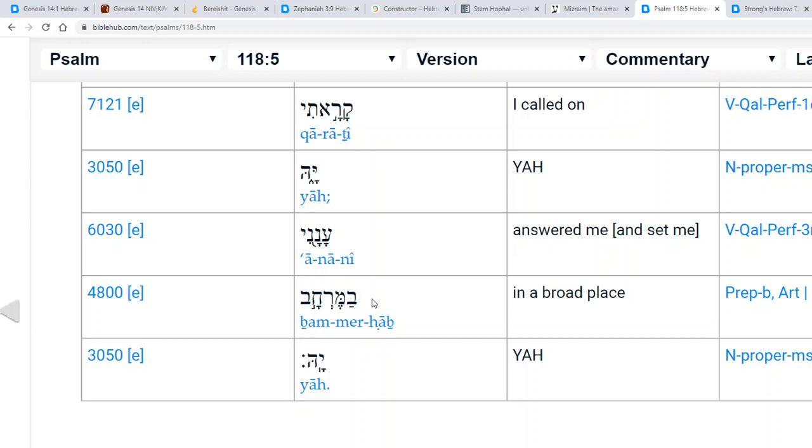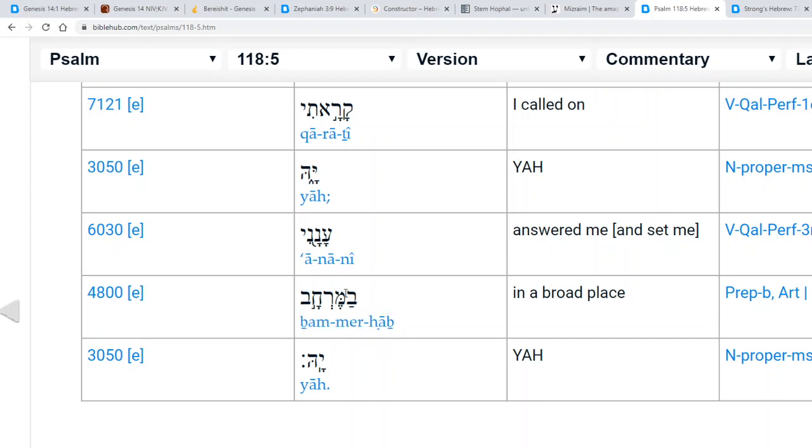So, prepositional bet with the article, and merchav, right? The root here is resh het bet, which is broad, right? Merchav is a place that is broad. Ba merchav, in the place that is broad.